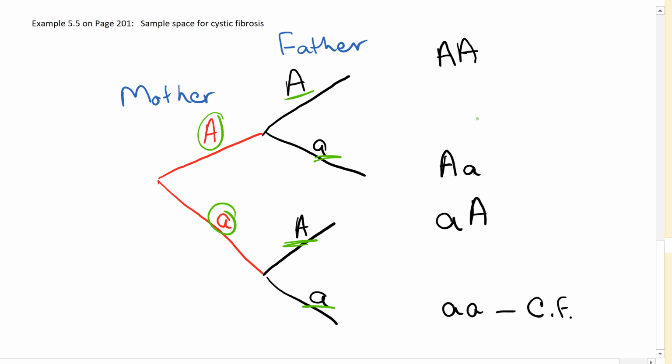And so you actually have four possibilities: both dominant, a dominant recessive, a recessive dominant, and two recessives.